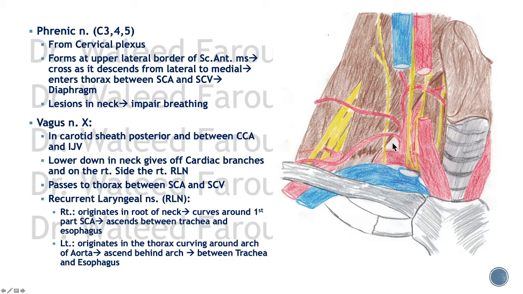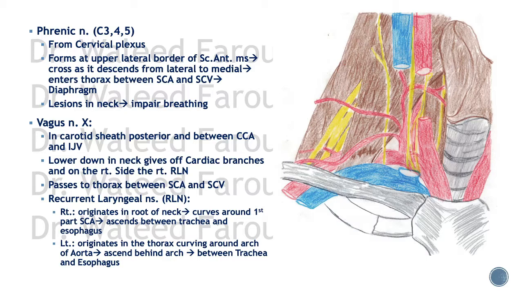An important fact, and an MCQ question here, and they always insist on it, is that the phrenic nerve is buried under the investing layer that covers the scalene anterior. So you have to dissect the fascia to get to it.